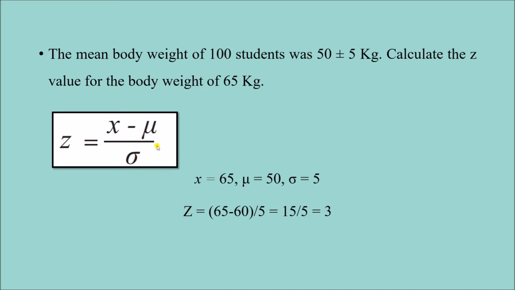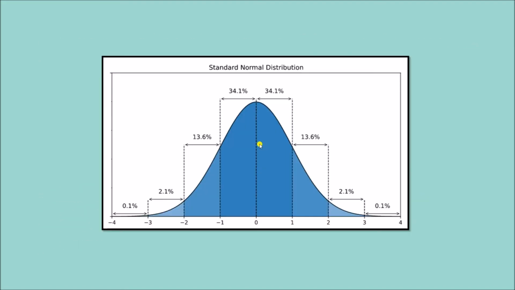Sometimes we can have values which are less than the mean value. In that case, this numerator will be negative and the z score will be negative. So we can have positive z score as well as negative z score. Both are possible. On the left hand side we have the negative z scores, and on the right hand side we have the positive z scores.